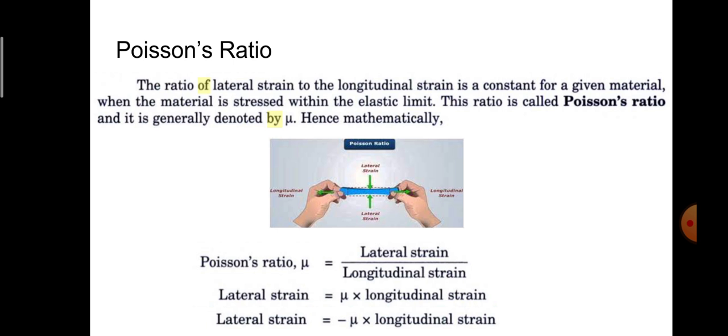Why I have taken the negative sign convention here is that the lateral strain is opposite in sign to the longitudinal strain. Because in this case, for the tensile load, the lateral strain is for the decrease in the dimension, so I have taken it as negative. Therefore lateral strain is equal to minus mu times longitudinal strain. This is for the tensile load.